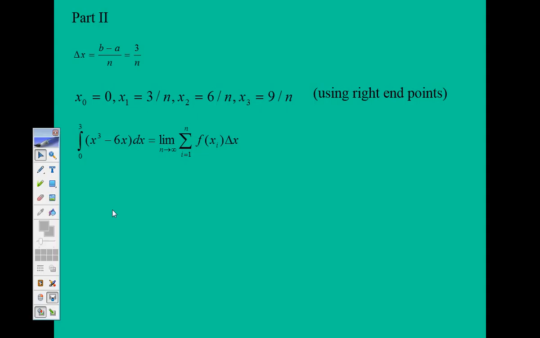But since this is starting at 0, this actually is going to be representing using the left endpoint. So for what we're doing here, we're going to be looking at using the right endpoint.